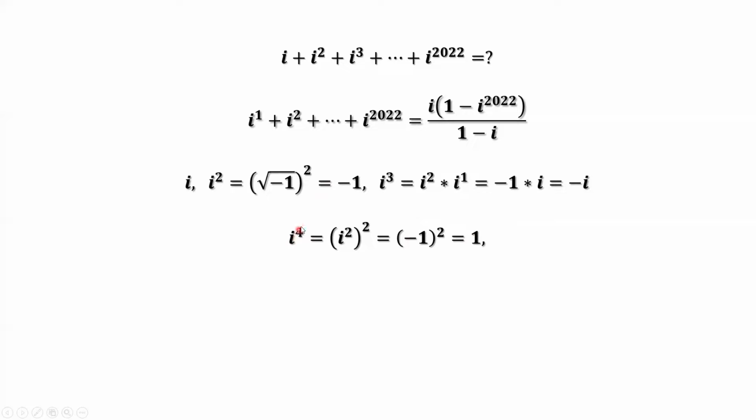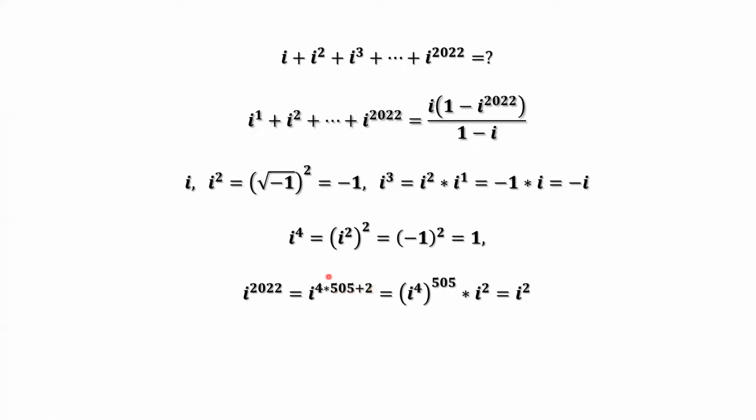i to the power n is a periodic function. The period is 4; after 4 it comes back to 1. So we can use this property to decompose the power 2022 into 4 times 505 plus the remainder 2.